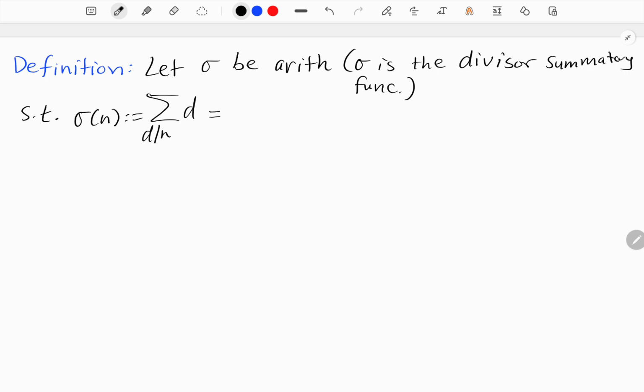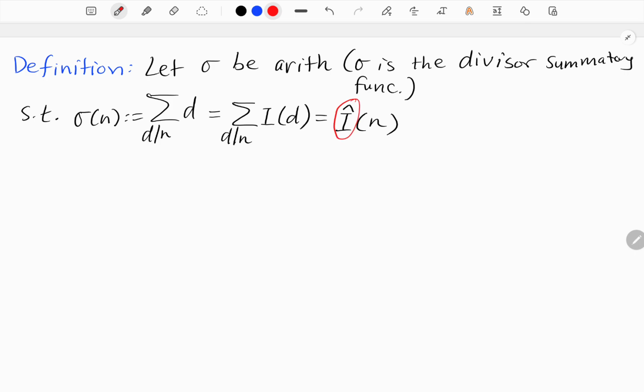Okay, well, how can we write d as a multiplicative function? So d is the same thing as I of d, right? So our f here is I, and because our f here is I, then this is just equal to I hat of n.